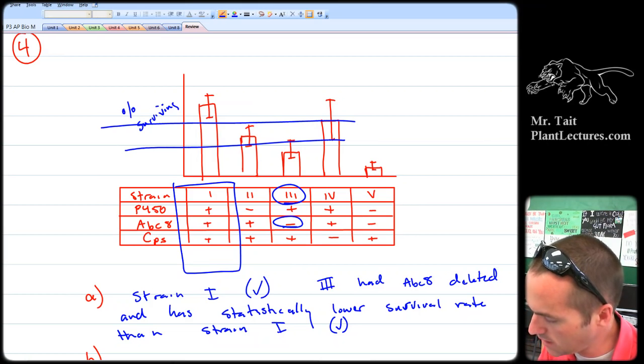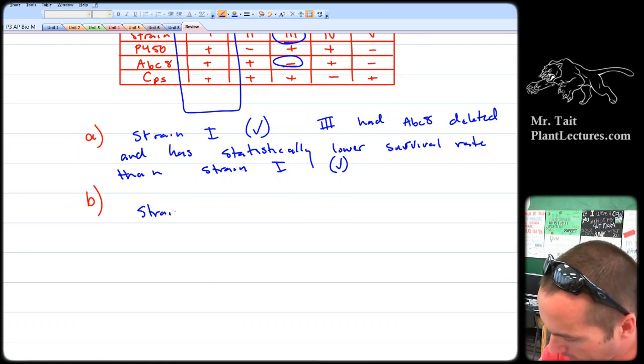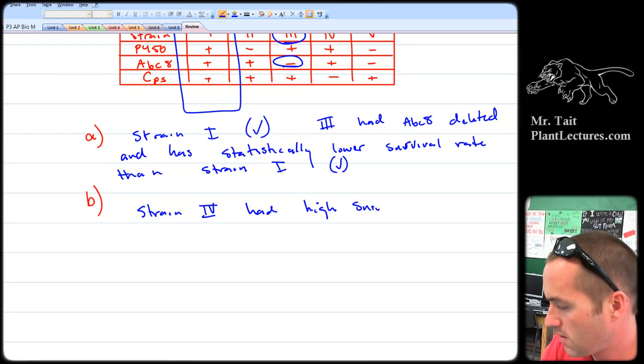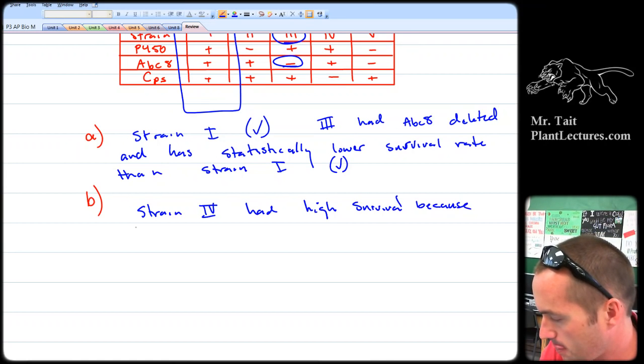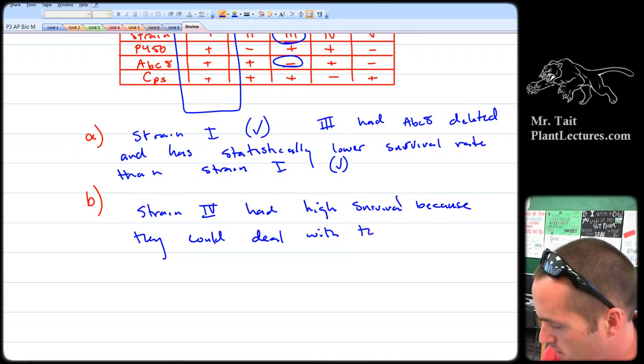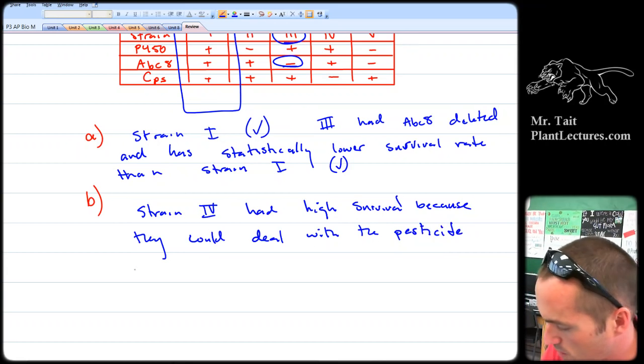Okay? Well, when you delete CPS only, that's strain 4, right? So strain 4 had high survival because they could deal with the pesticide once it entered the cell.